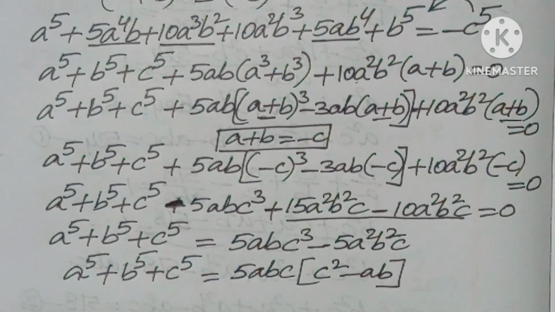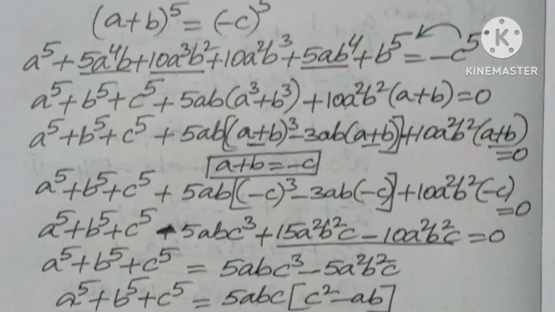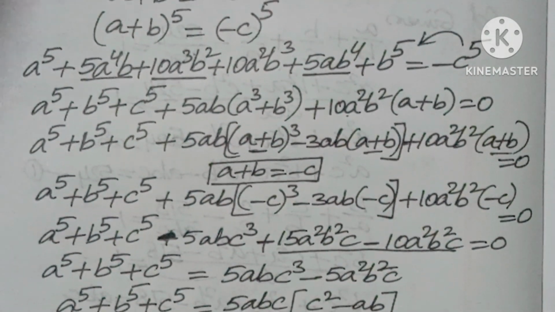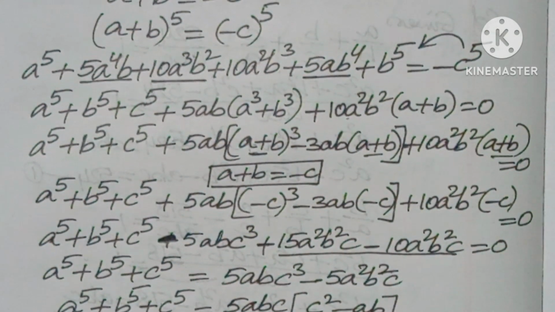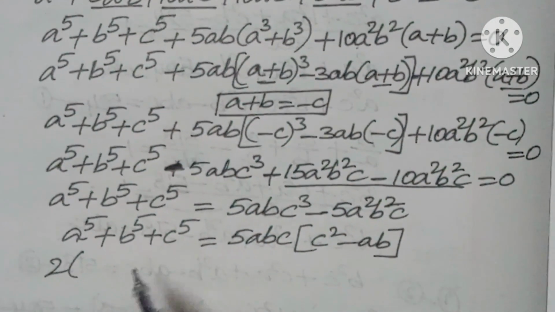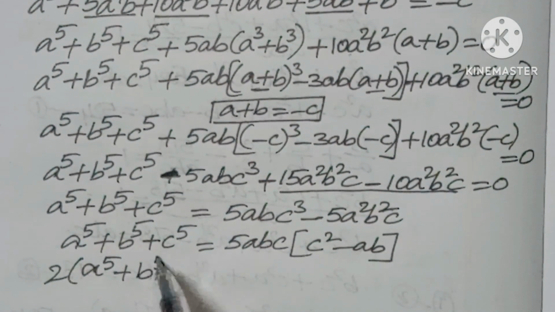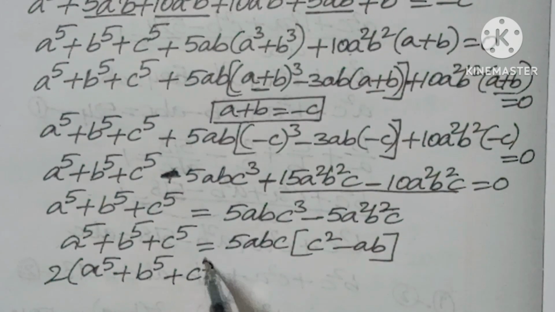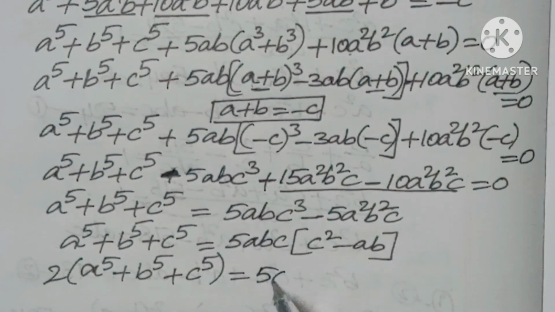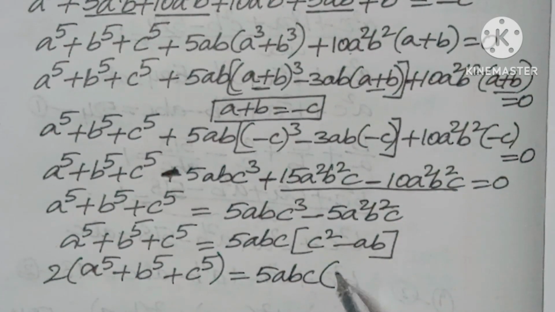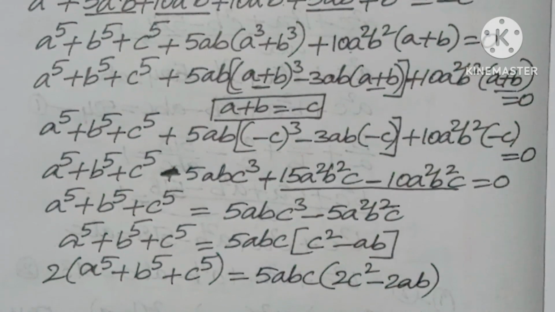So here, multiplying 2 on both sides, 2 of a to the power of 5 plus b to the power of 5 plus c to the power of 5 is equal to 5abc of 2c square minus 2ab.